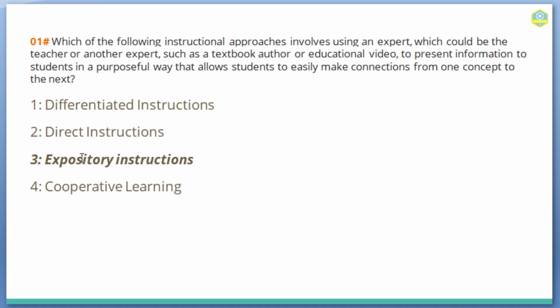So you can see multiple instructions or teaching approaches: differentiated, direct instruction, expository instruction, cooperative learning. So this is expository, in which the learner has to decide and make connection between the information.